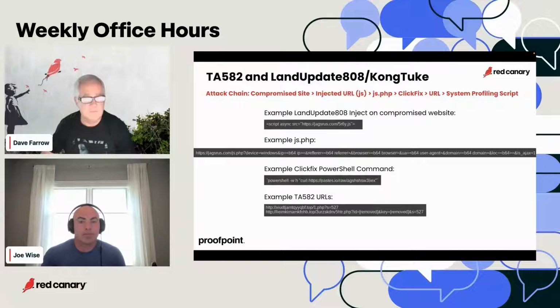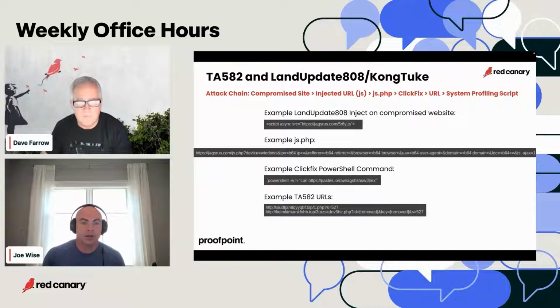Yeah, so this goes to your point. This is an illustration of an example campaign from Land Update 808, where we have a website. It's a legitimate website, but it's compromised, and it has a one-liner to a JavaScript that runs and leads to another JavaScript that profiles the system.